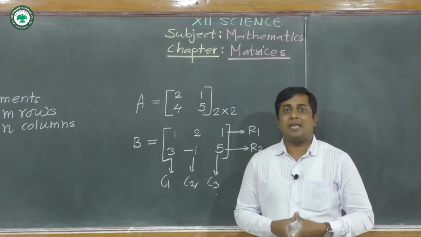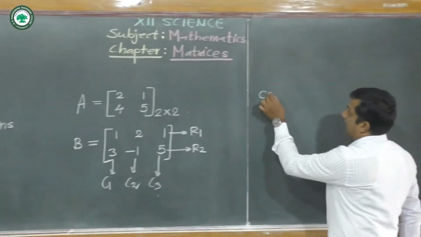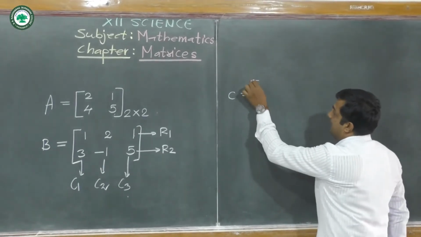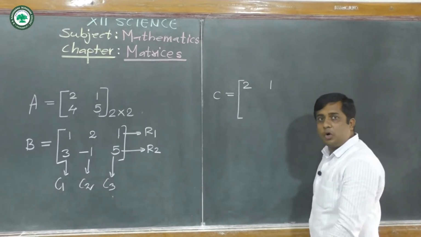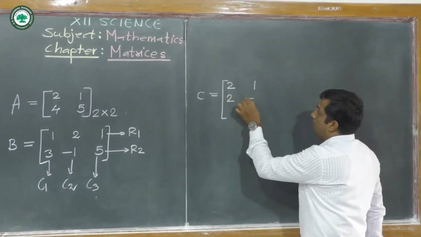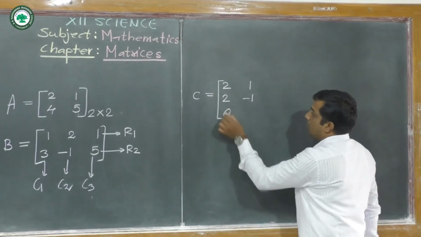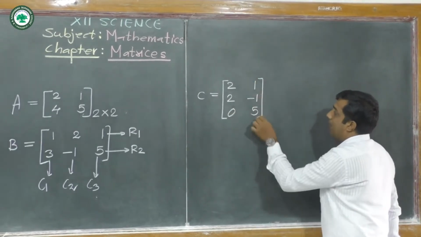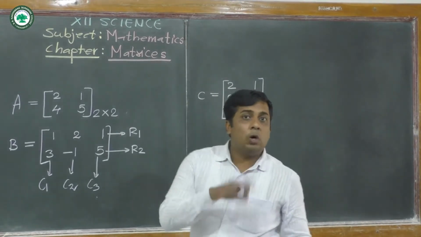Let us see one more example to define the matrix. Here C is another matrix and is having 2, 1 in first row, then 2, -1 in second row, and in third row we consider 0, 5. Again, in this matrix there are 3 rows.